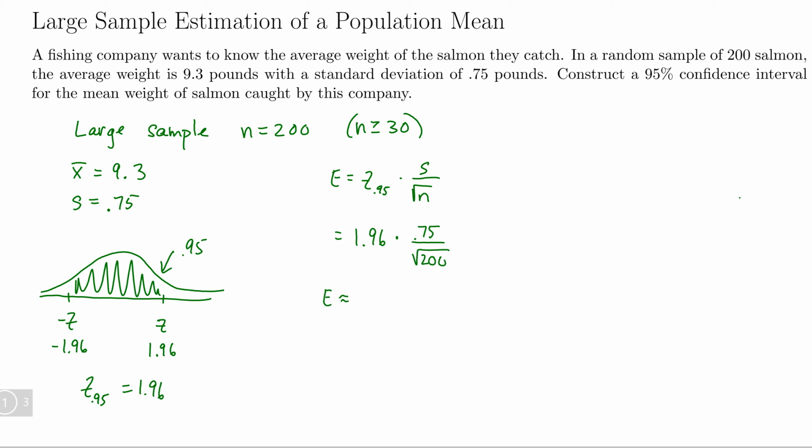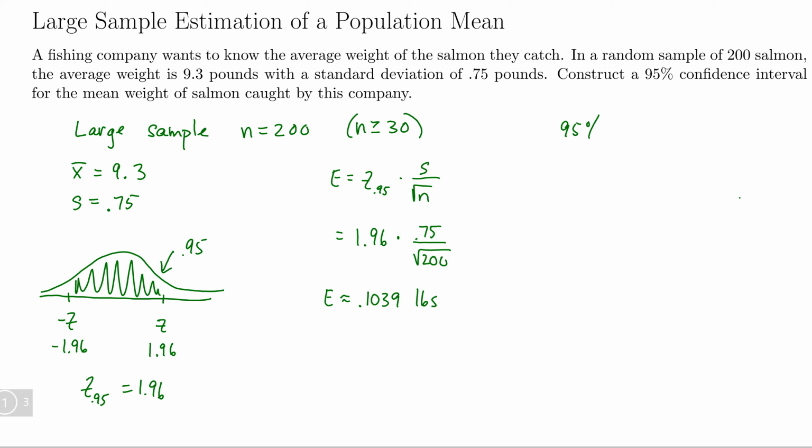This gives us an error of about 0.1039 pounds. What this error means is that we believe from our sample that our sample mean 9.3 is within 0.1039 pounds of mu, the population mean weight of all the salmon.